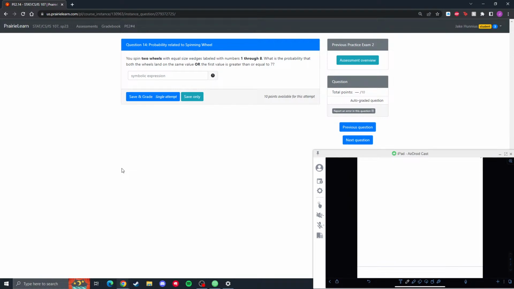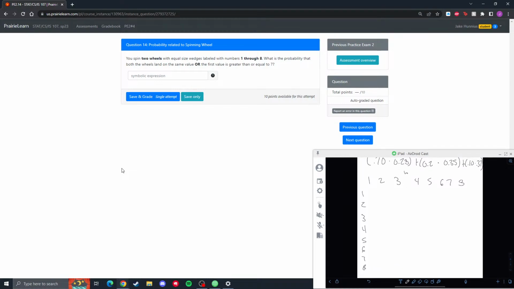All right, so we're spinning 2 wheels labeled 1 through 8. Let me space this out more. So 1, 2, 3, 4. And then the same way going down. What is the probability that both wheels land on the same value or wheel 1 has a value greater than 7?